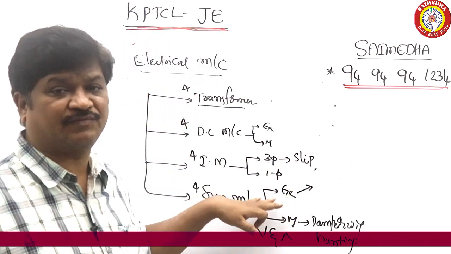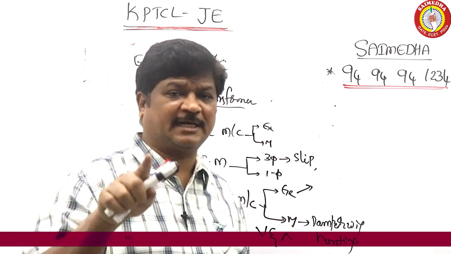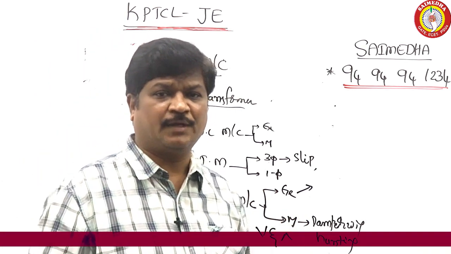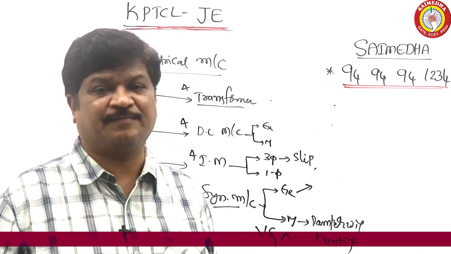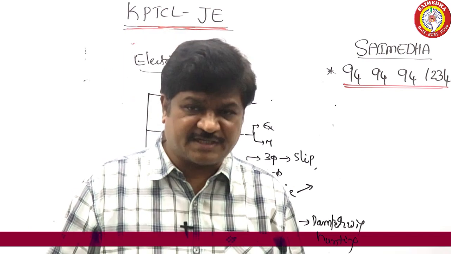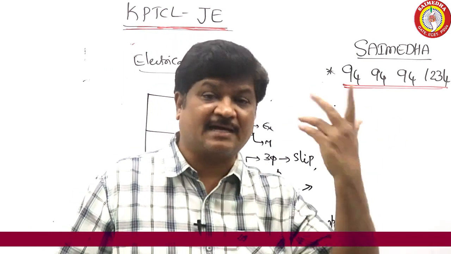Those questions we can guess: one is differences between basic generators, that is synchronous generators, and short pitched winding, coil span factor calculations, and armature reaction, when it is magnetizing, when demagnetizing, when cross magnetizing.